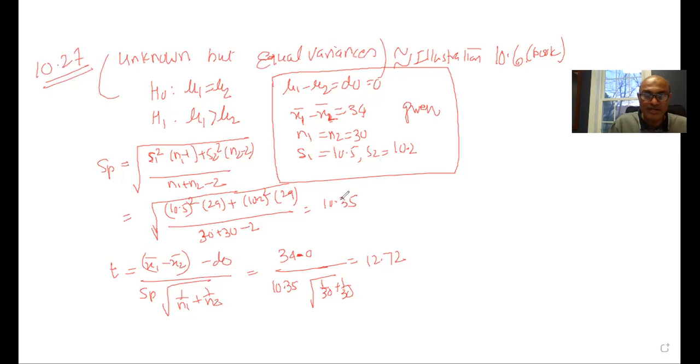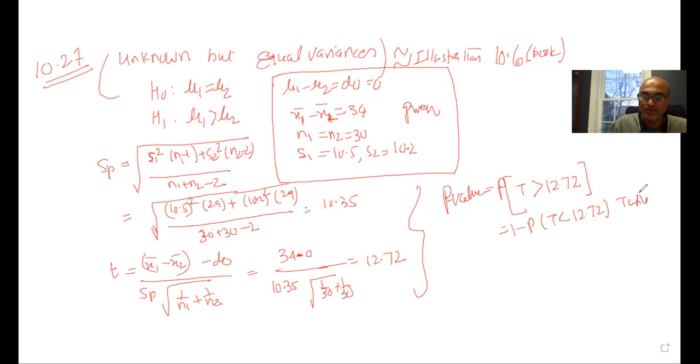So the P value is equal to the probability of T greater than 12.72, which is 1 minus the probability of T less than 12.72.